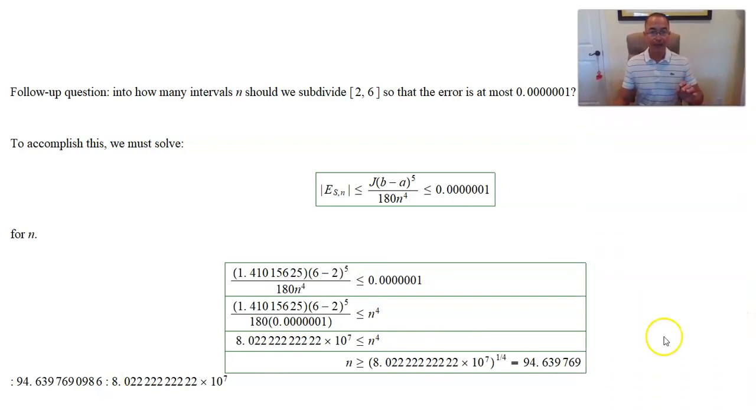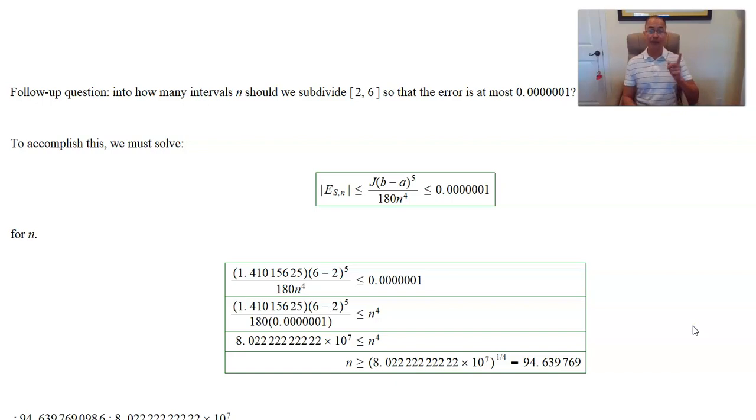Now, for the trapezoid method, we simply rounded it up to the next higher integer. However, this is Simpson's. Don't forget that for Simpson's, the number of subintervals has to be even. For Simpson's, n must be even.